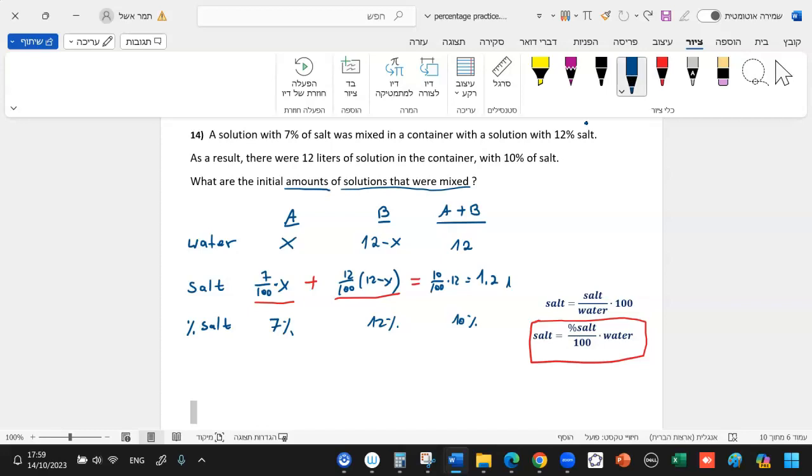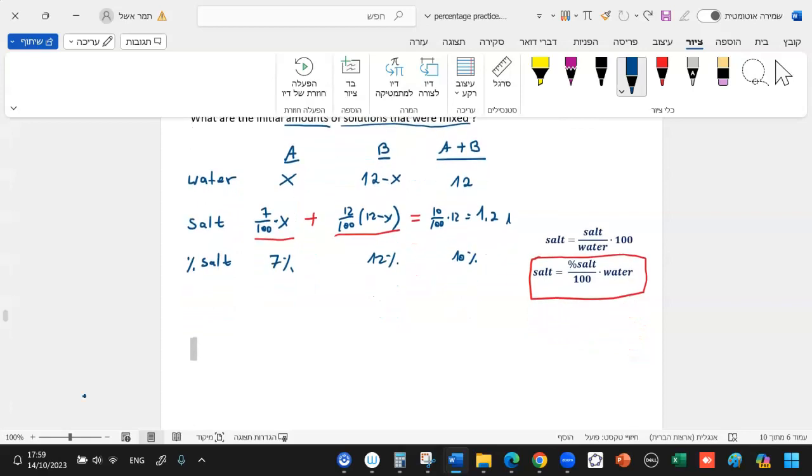And we just have to solve this equation and find X. So let's write it here. We have 0.07, that's 7 over 100 x, plus 0.12 times 12 minus x should be equal 1.2.